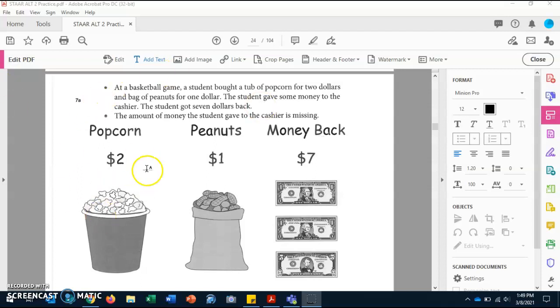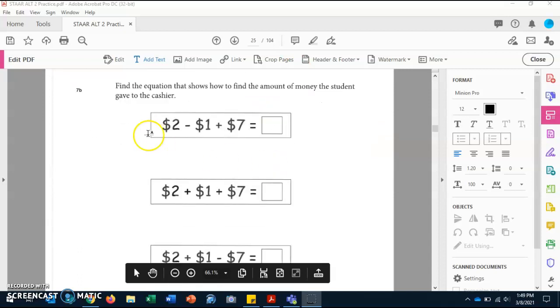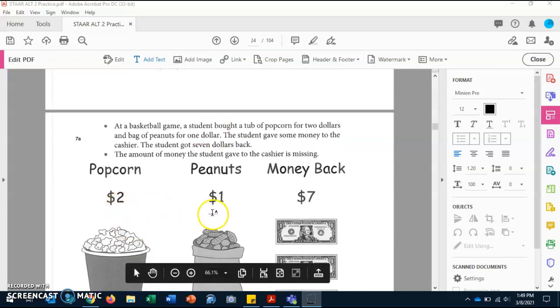So if we think about it, we need to know how much money in total there was. They gave her $7 back after they charged these two things, the $2 and the $1. So are we supposed to subtract 2 minus 1 and then add the $7? Is that going to tell us the whole amount?